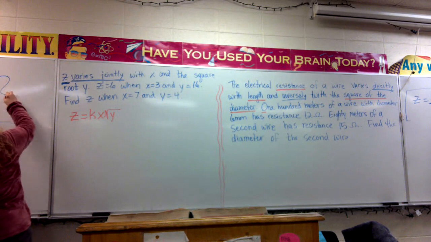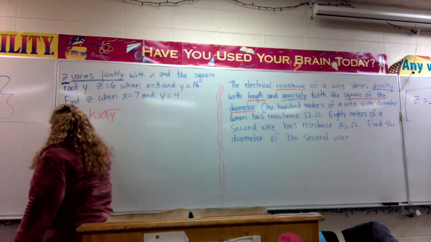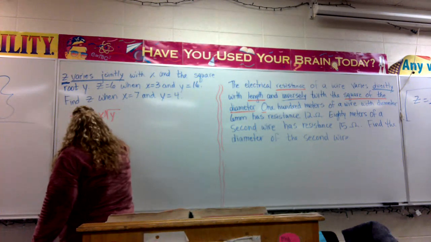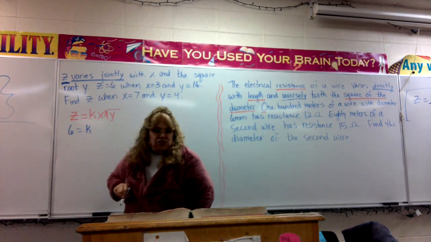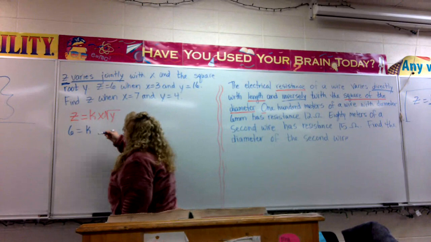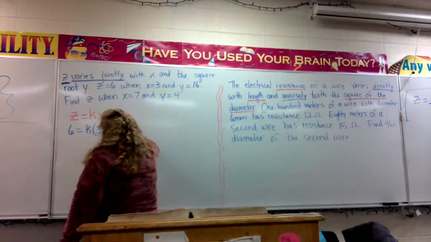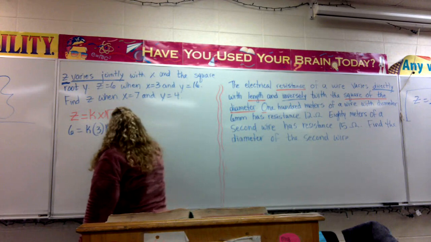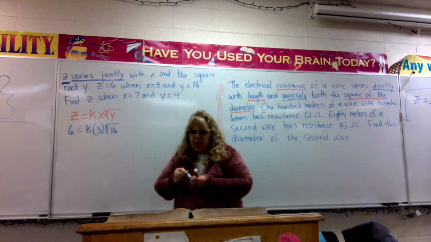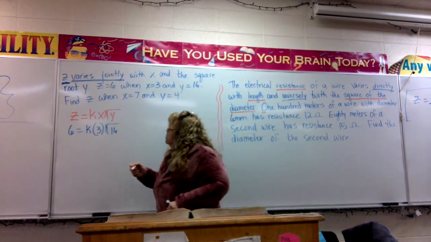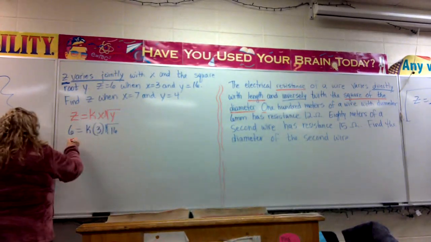Start with this and plug it in. What's z? I don't know what k is. It doesn't even mention k in the problem. What is x? And square root of y is 16. And you're going to solve that for k. We need to figure out what k is.